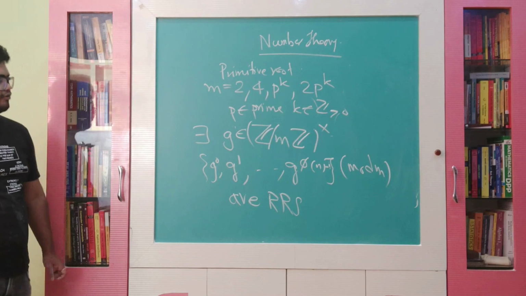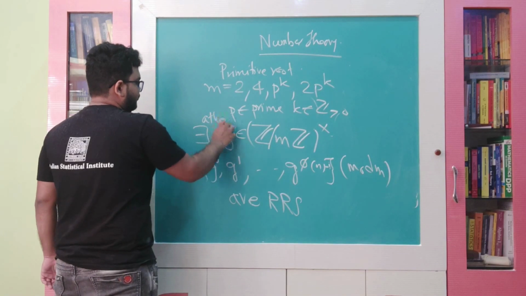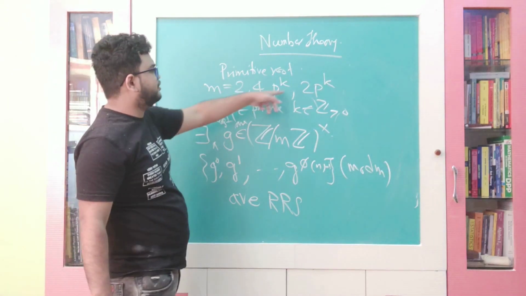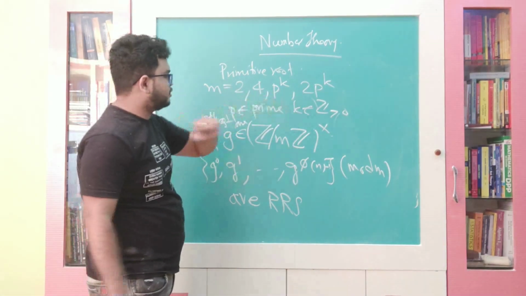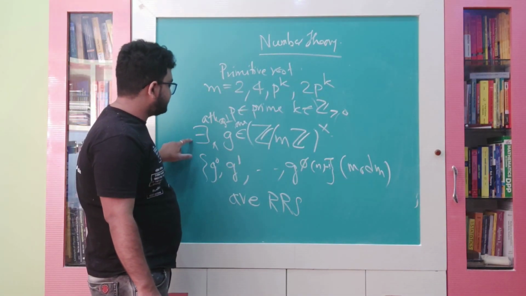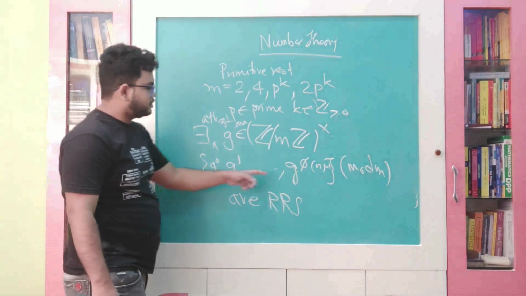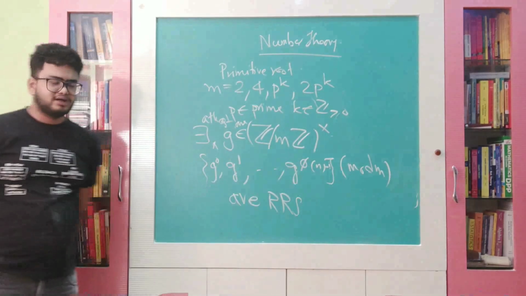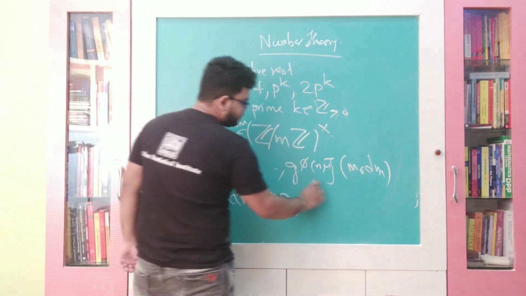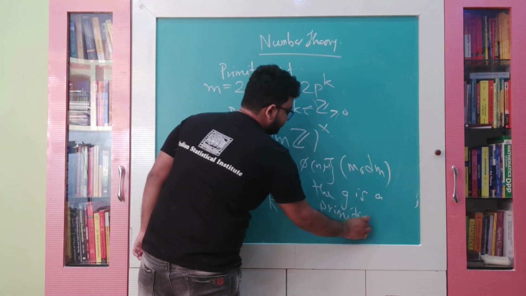This is the concept of primitive root. Only the integers 2, 4, p to the power k, 2 p to the power k, with p prime and k a positive integer, have primitive roots, and there exists at least one such g. Then g is a primitive root.